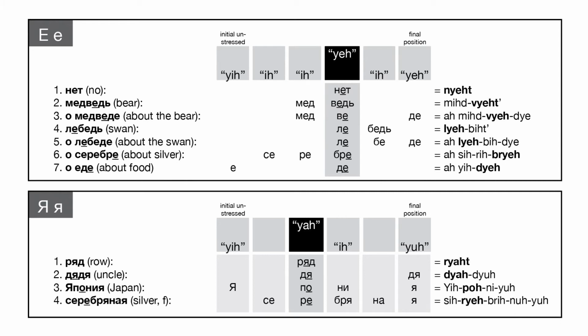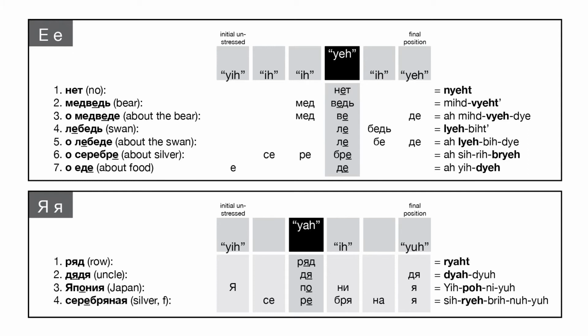Okay, so again, it's hard to find examples that have only ya in the word. So we're focusing here on that final ya, right? Oh, actually, we have 2 yas, right? Серебряная, right? So that third syllable is more like bre, серебряная, серебряная.